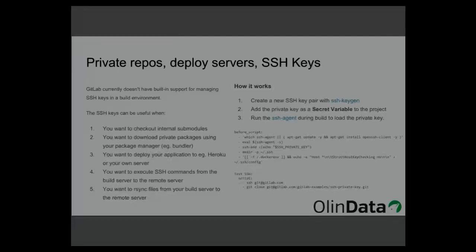See, this is the $SSH_PRIVATE_KEY, the reference to the secret variable that lives on the project level. We create a .ssh directory. We set strict host key checking off in the SSH config file. This is all mumbo jumbo that just boils down to getting this environment ready to do a checkout of a private repository, and then here you can actually do the git clone of the private repository.